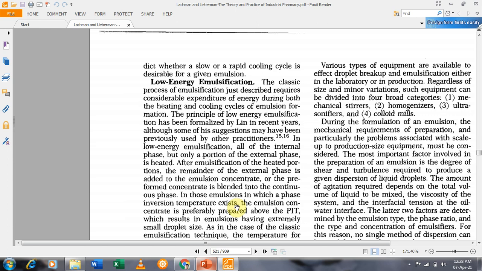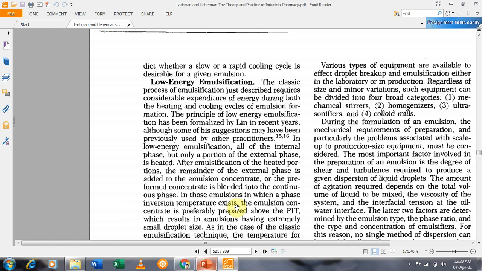The most important factors involved in the preparation of an emulsion are the degree of shear and turbulence required to produce a given dispersion of liquid droplets. The amount of agitation required depends upon the total volume of liquid to be mixed, the viscosity of the system, and the interfacial tension at the oil-water interface.